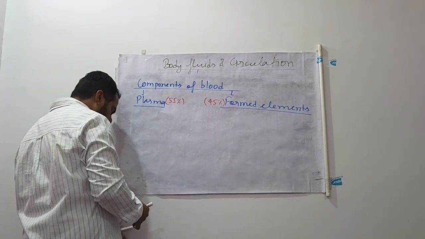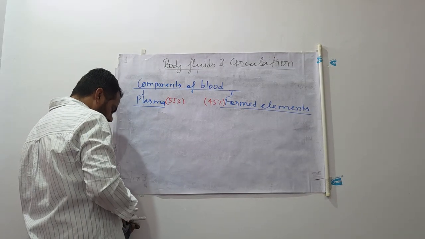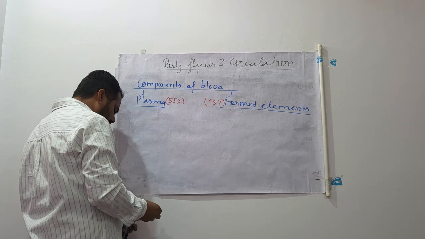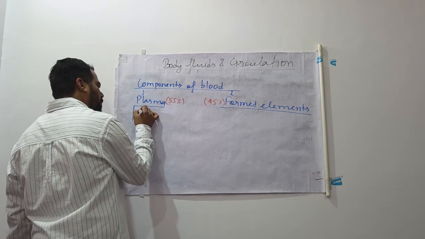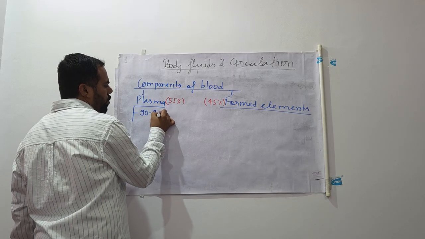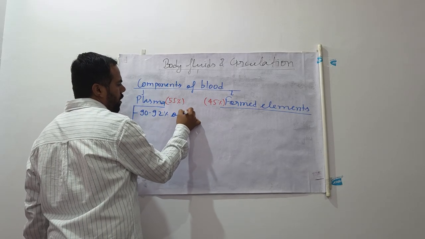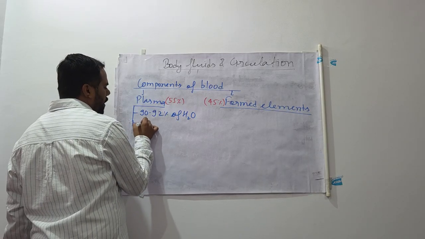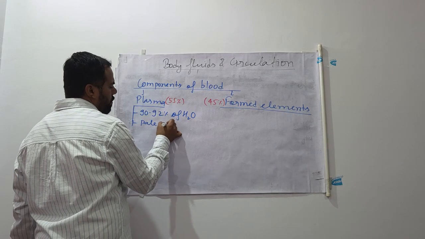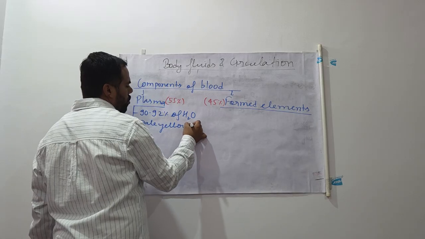Plasma. What does plasma contain? Plasma is basically made up of 90 to 92% water. The color of plasma is pale yellow or straw colored.